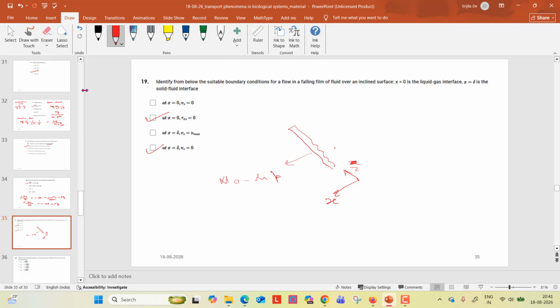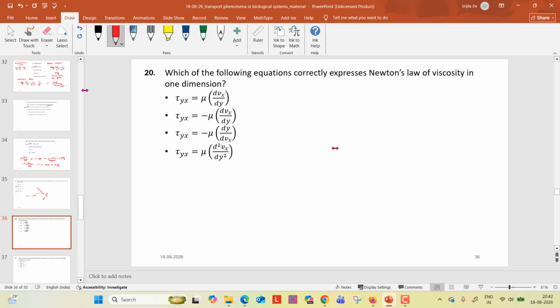Next, which of the following equations correctly express Newton's law of viscosity in one dimension? You think of it and I will give you, because it is the easiest.